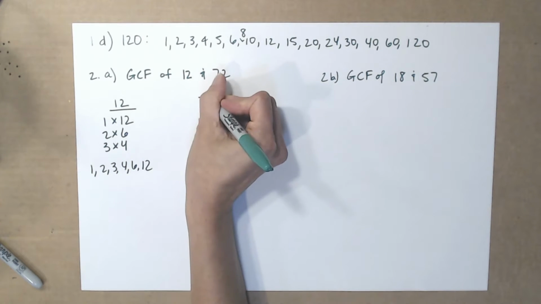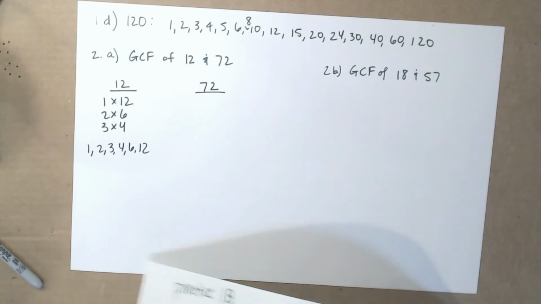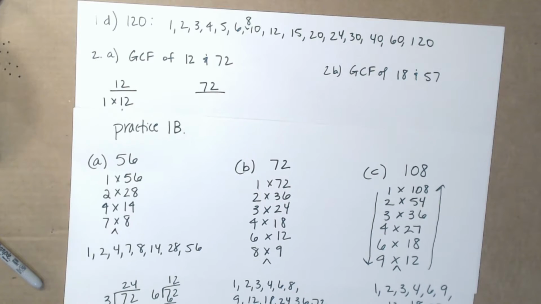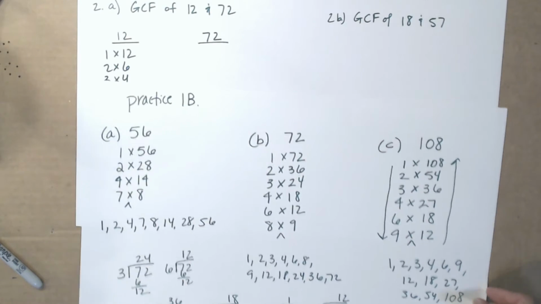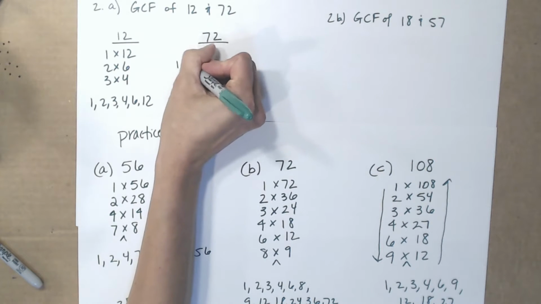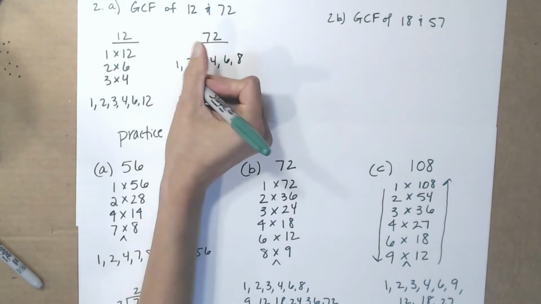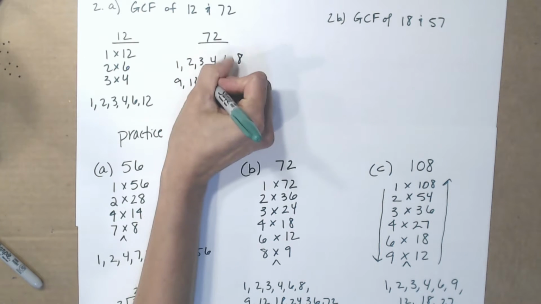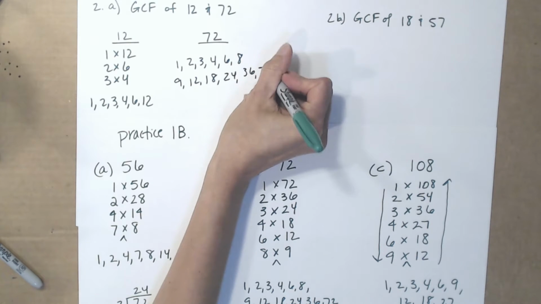The factors of 72, which we did on the previous question. And we said those factors were 1, 2, 3, 4, 6, 8, 9, 12, 18, 24, 36, and 72.